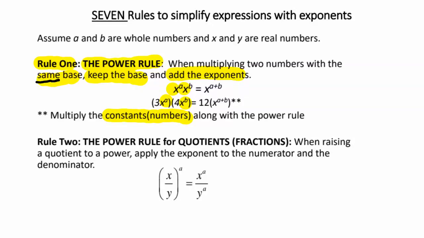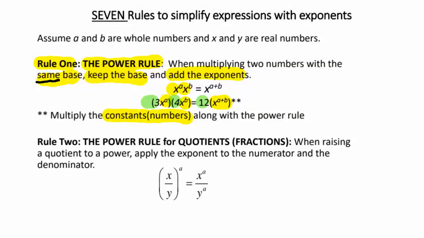I have to take the 3 and the 4 and multiply them, because I'm still multiplying. Parentheses next to parentheses means multiply. So the numbers will multiply, but notice the x's: the a's are going to add together.